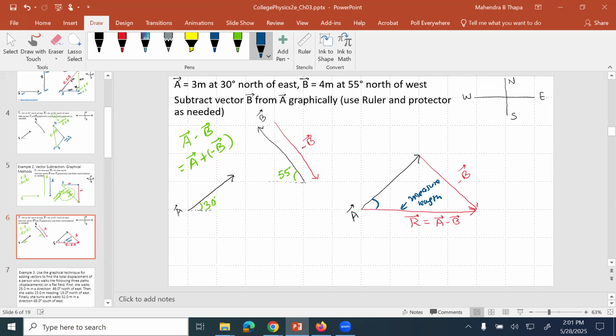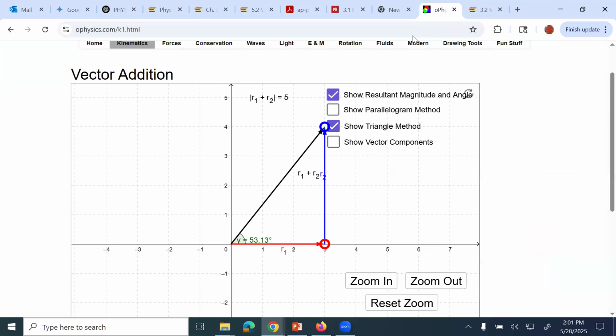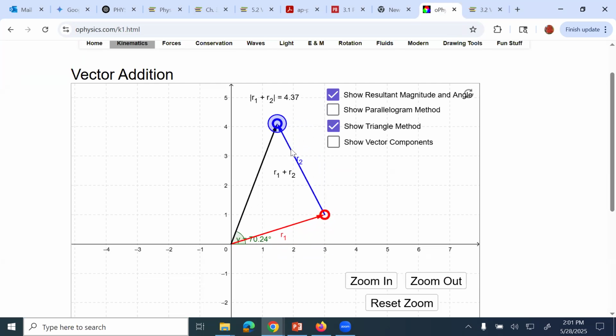We can use the online tool also for that, like the OP physics, to make sense of it. So for example, if my length R1 is 3 meter and my vector B is 4 meter, then you clearly know that this length will be 5 meters. So for example, if I change the angle, look at here, then the resultant also will change.